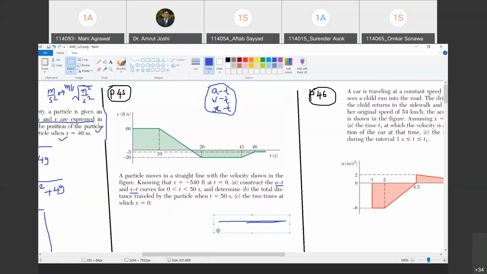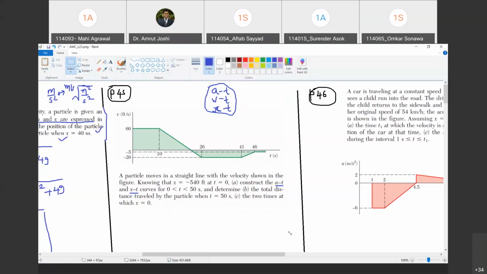And this precisely is the velocity time diagram that is drawn here. The particle is moving along a straight line and the observer is observing the velocity of the particle at various instants of time from t equal to 0 seconds to t equal to 50 seconds. Are you with me? Yes, sir. And that velocity time diagram has been given here. Are you with me? Yes, sir.